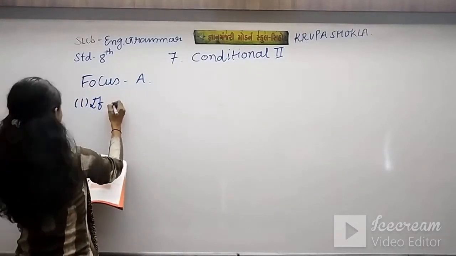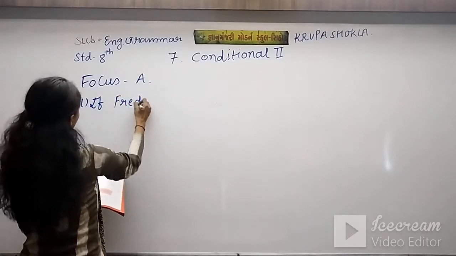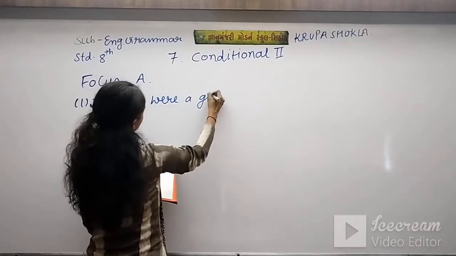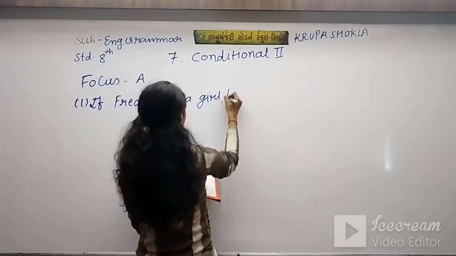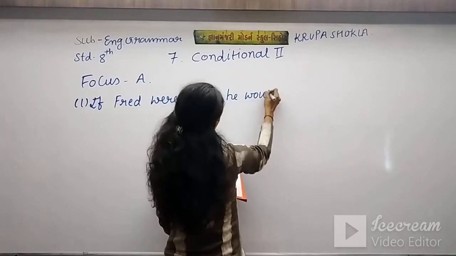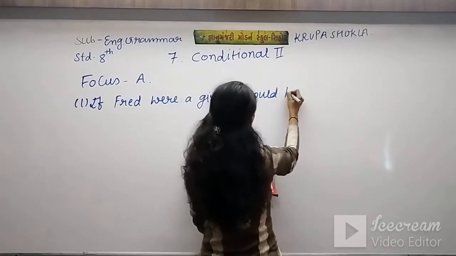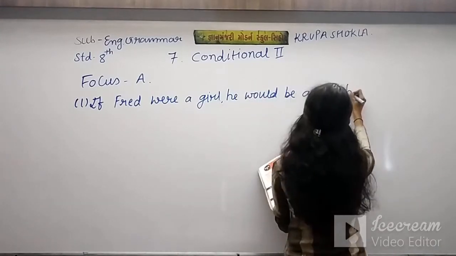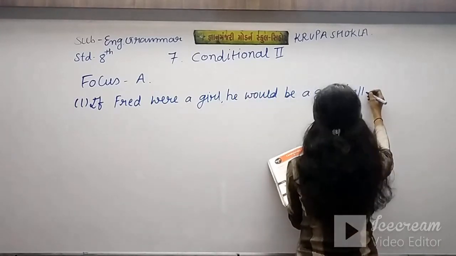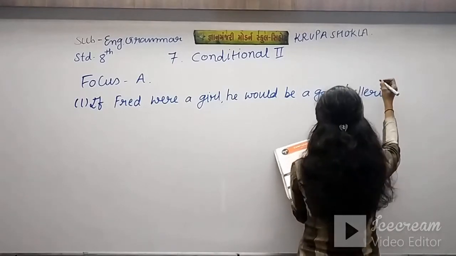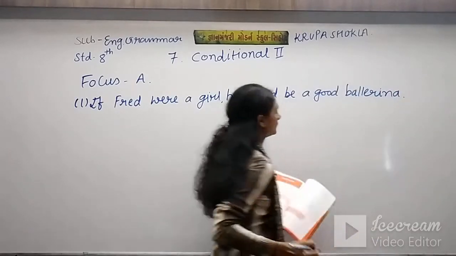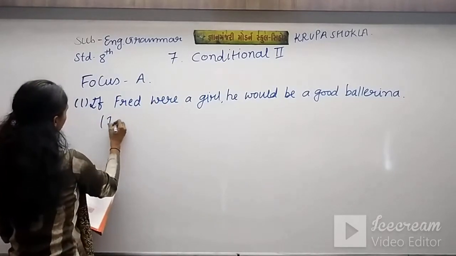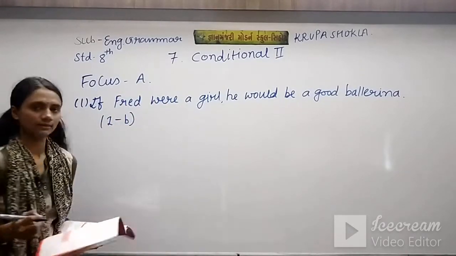If Fred were a girl, he would be a good ballerina. So you have to make a pair; I am writing 1 B.